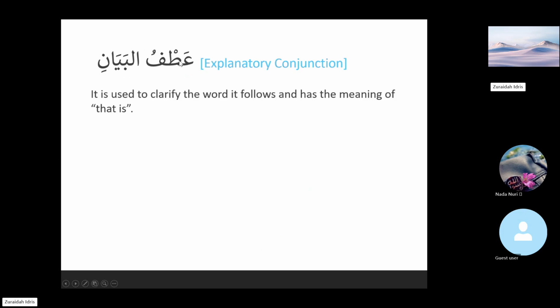Now, your atf bayan is used to clarify the word it follows. It has the meaning of 'that is', just like the word ay. It would have the same status as the word it clarifies because it's a follower.